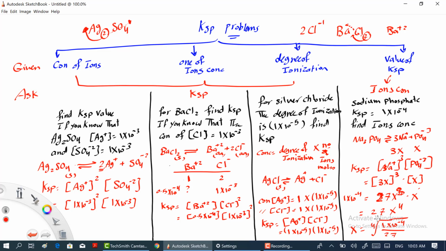Then let's assume that it will be maybe 3. The answer is 3. Returning back, the concentration of the sodium equals 3x, so it will be 3 multiplied by 3 equals 9, and the concentration of phosphate is x. This is for the Ksp.